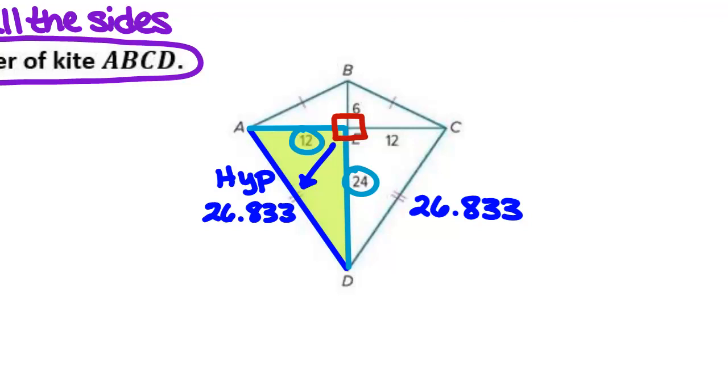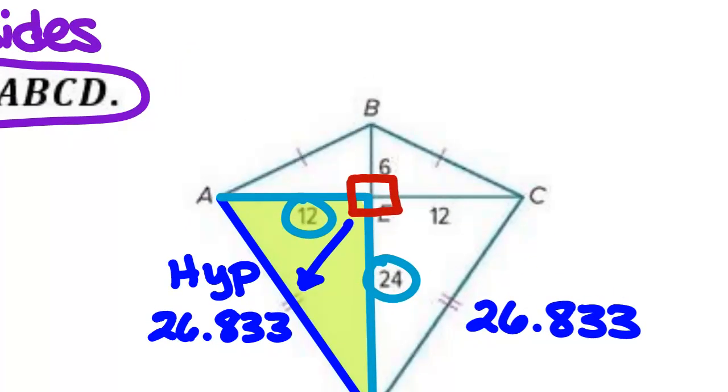Do I have enough information to find the perimeter of this? Can I add all the sides? I got to find either AB or BC. They're congruent, so I just need to find one of them. Let's go ahead and do AB. It's the exact same process, exact same answer if you do BC. All right, so how am I going to find that?